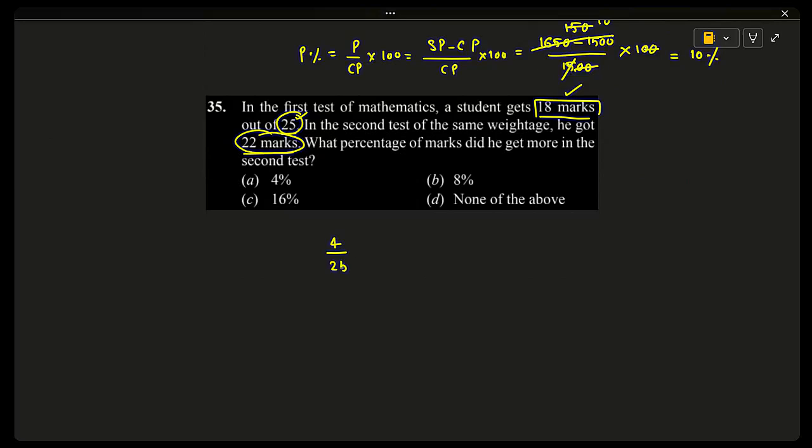So 4 out of 25 multiplied by 100: 25 fours are 100, so 16. Yes, 16% more. Option C.